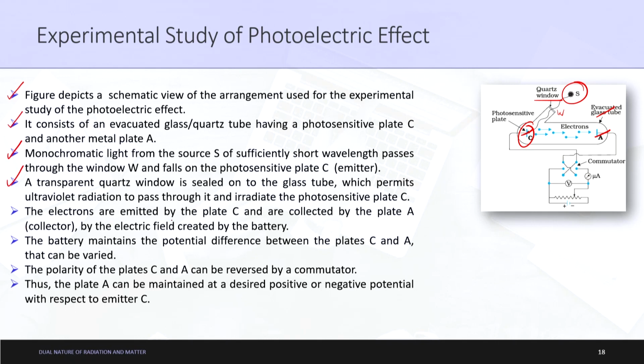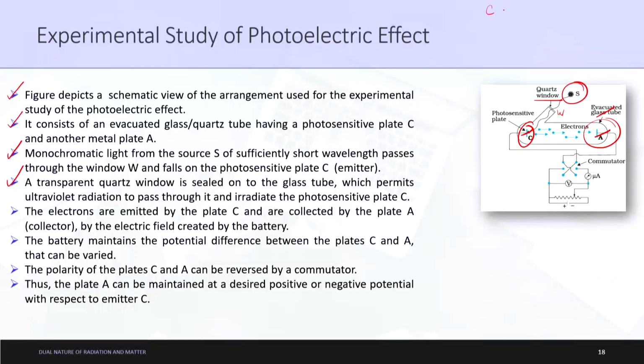The electrons are emitted by the plate C and are collected by the plate A. As the name says, collector, it is collecting electrons. Hence this plate is called the collector plate, and this plate is called the emitter plate. Let me just write it, because these things sometimes are a bit confusing as the syllabus goes on. So, this is called the collector plate.